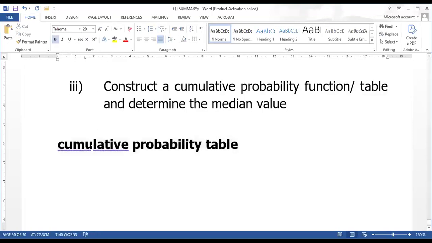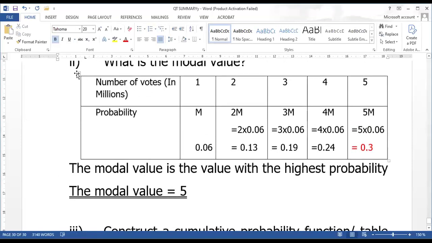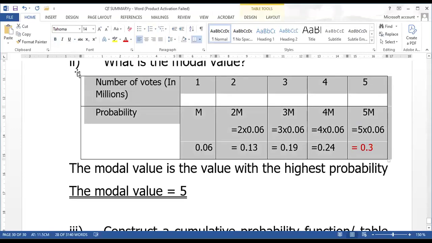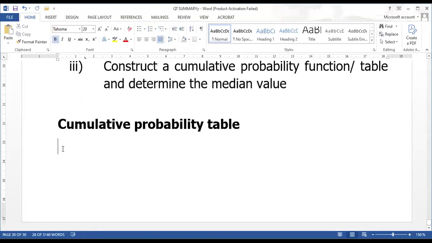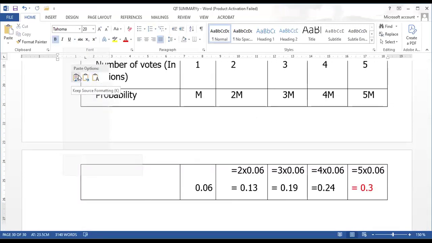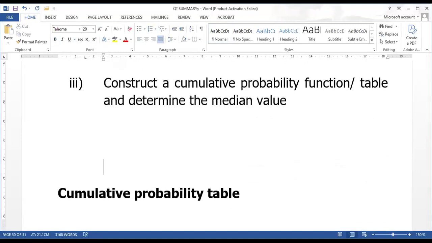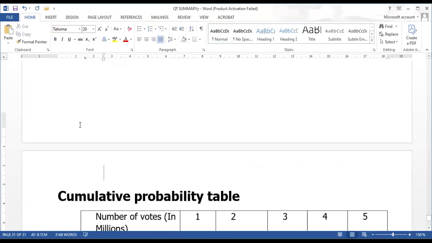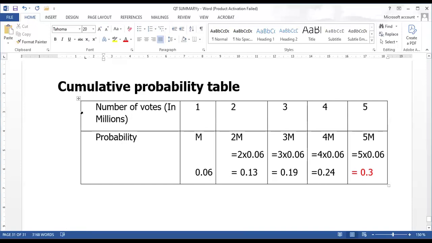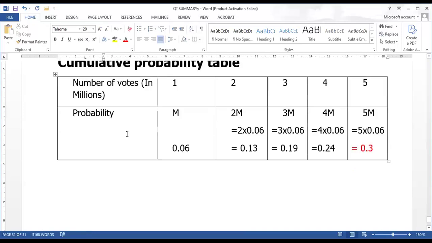What will be my cumulative probability table? From this table, I can get my cumulative.